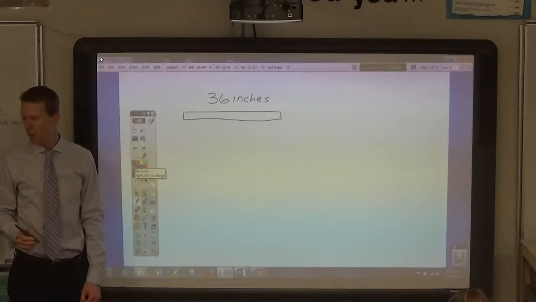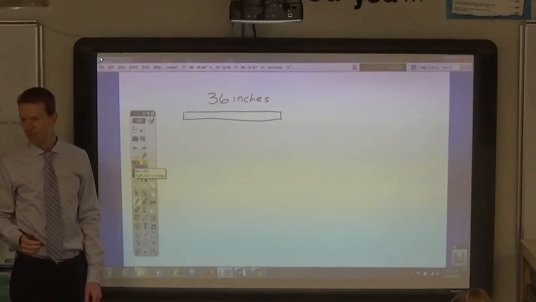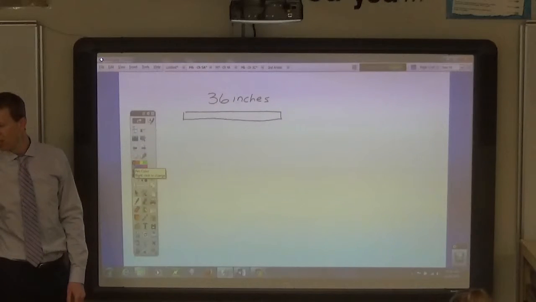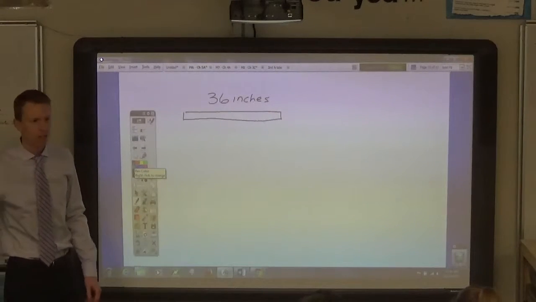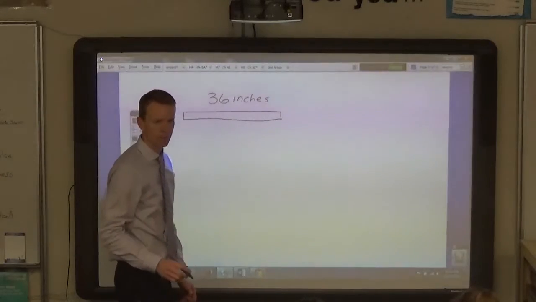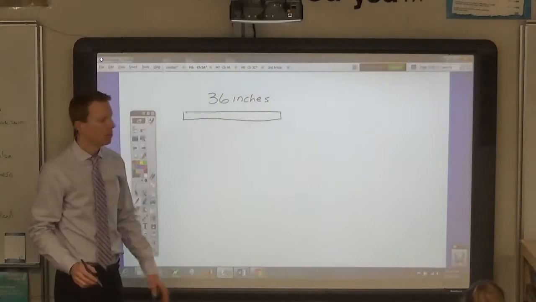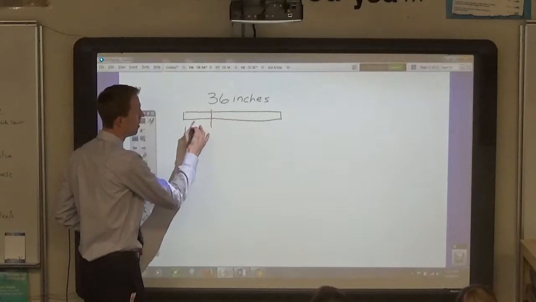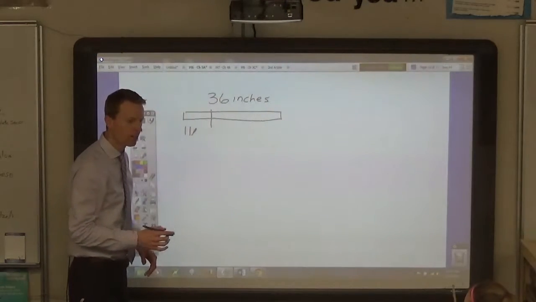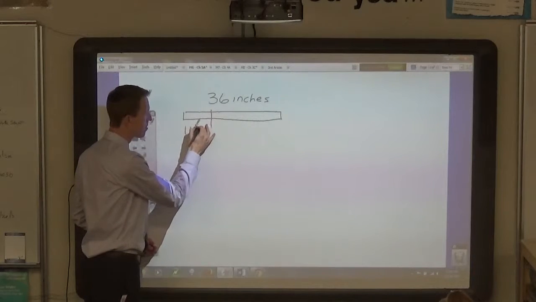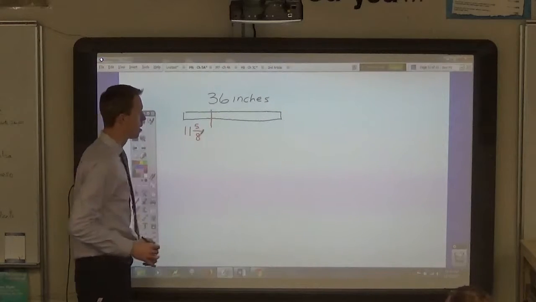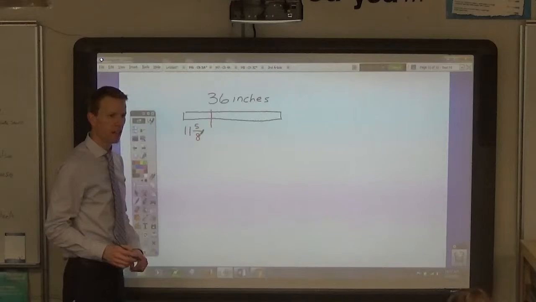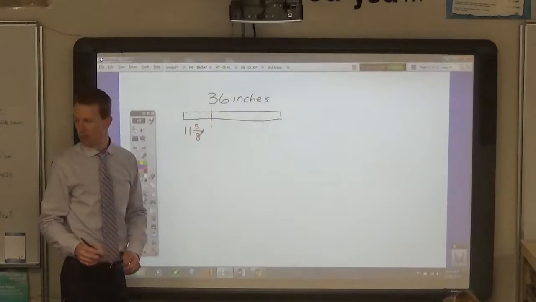And how big is it? It says she cuts a, what? She cuts off a piece that is 11 and 5/8. Then she cuts another piece off that is 7 3/4.